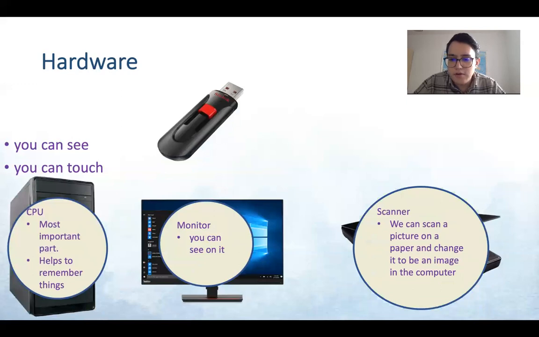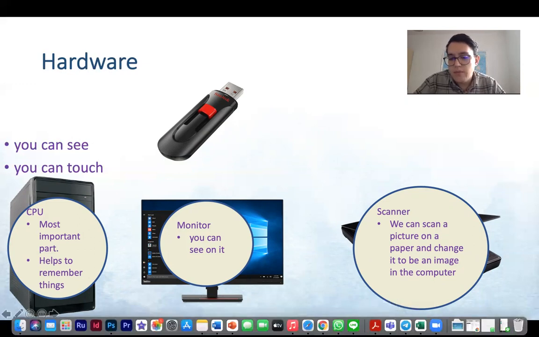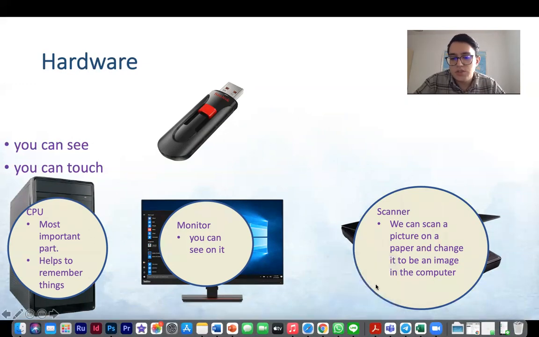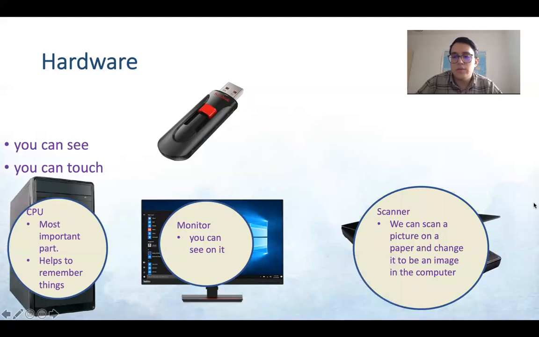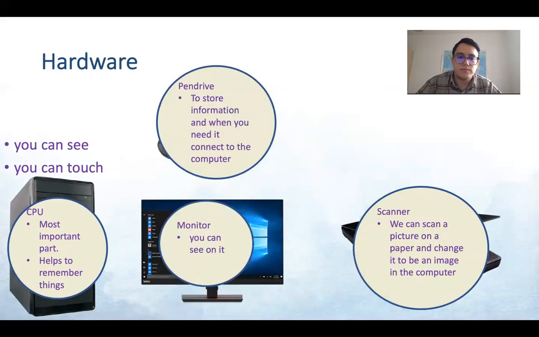A scanner is when we can scan a picture on a paper and change it to be an image in the computer. So from a paper, we can change it to be on the computer, a digital file.